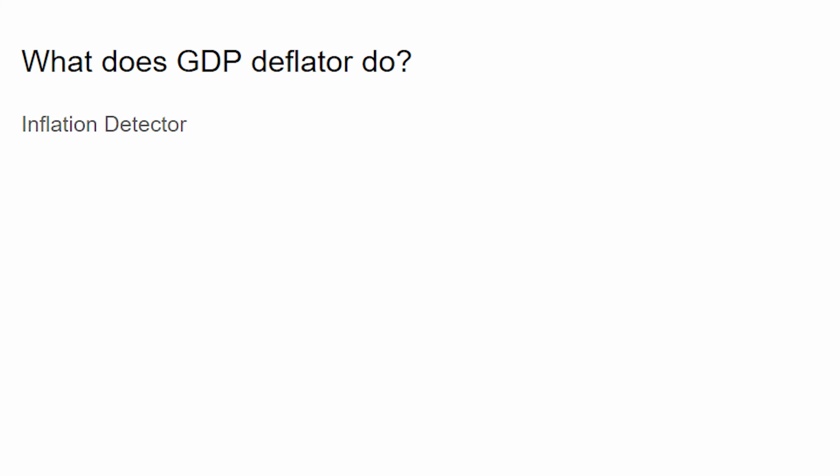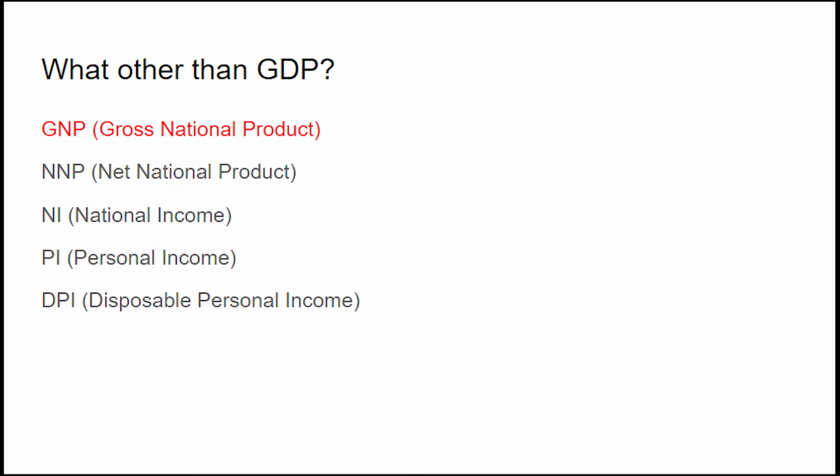Okay, what does the GDP deflator do? It's basically an inflation detector, like it detects the inflation and indicates how much the value of money has been decreasing.